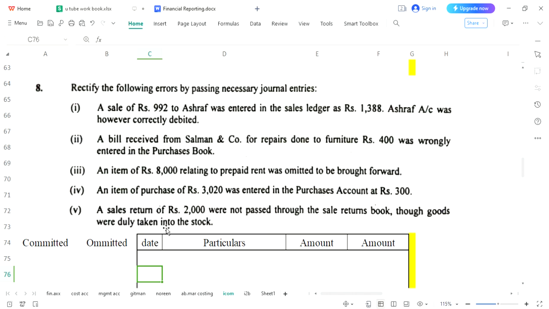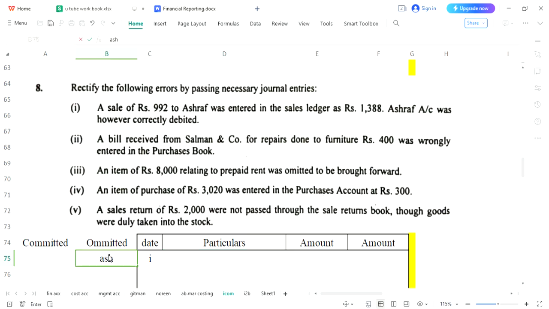So let's start. We have the first entry. Write down the number first, and then let's read it out. A sale of rupees 992 to Ashraf. First, in rough work, we will make an entry.